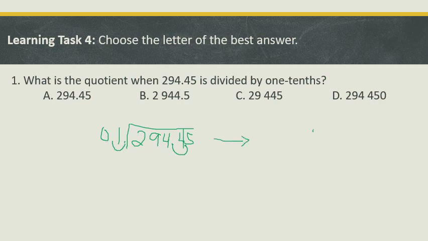So, kaya ito ay magiging 2,944.5 divided by 1. Syempre, lahat naman ng number, kapag dinivide nyo sa 1, ay yun pa ring number. So, ang answer natin dito is 2,944.5. So, letter B.